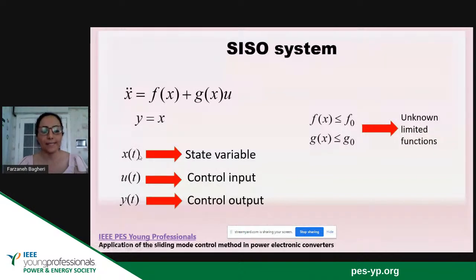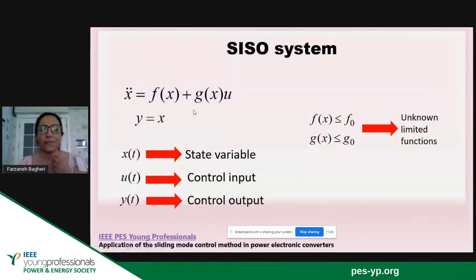And we have one state variable, and it is X of T. So here I have a second order equation. It is the mathematical model of an example system. The second derivative of X is equal to F plus G times U. And the output of the system is Y, which is considered to be equal to X.